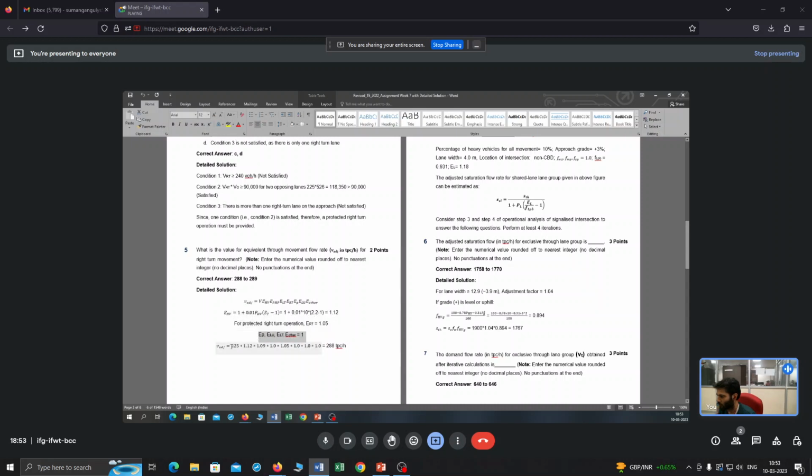So now your adjusted volume: 225 is your actual volume, 1.12 is your EHV, 1.09 is given, 1 is also given, 1.05 is this protected right turn and 111. So basically 1.05, so 288 is your equivalent traffic volume per hour.